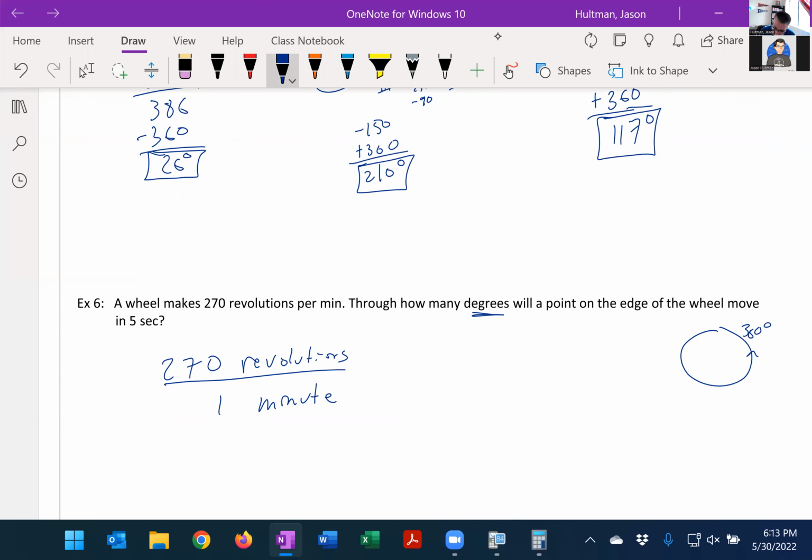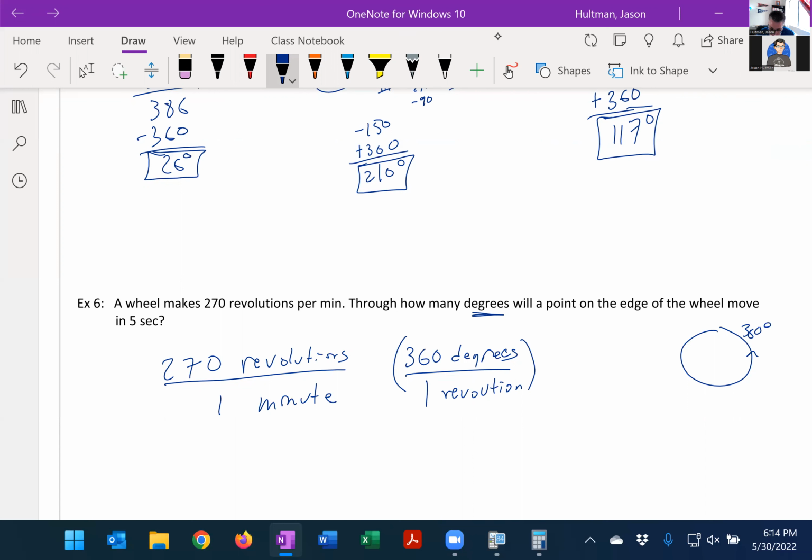So it's saying that I'm going to go 270 revolutions, and there's 360 degrees in one revolution. The way that I reconcile these units is just multiply by how they're related, by the proportion that they're related.